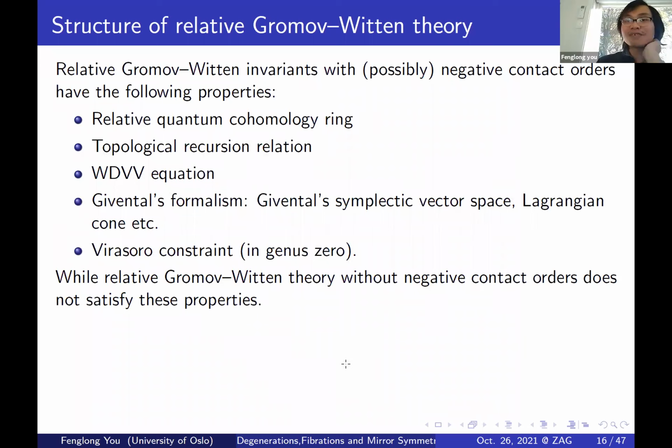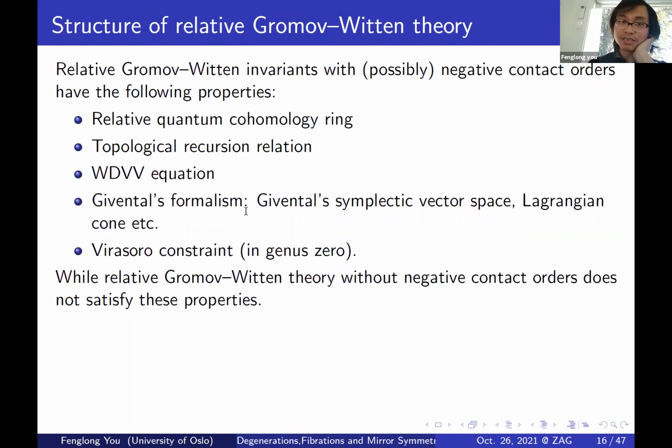The reason to have these extra relative Gromov-Witten invariants is that we can have a nice structure of relative Gromov-Witten theory, which allows us to state a relative mirror symmetry statement. So, for example, there's a version of relative quantum cohomology ring.